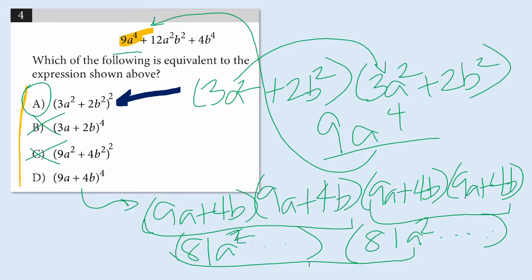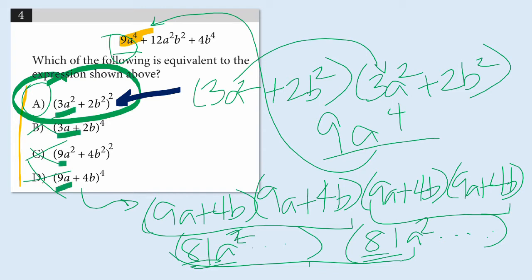It's going to be much bigger than the 9. So I know I can eliminate D. So this confirms that the answer, in fact, is A. The second strategy, I think, is faster. It's just literally focusing in on the a term, and you can see pretty quickly that only one of them would give me the 9a to the fourth power.